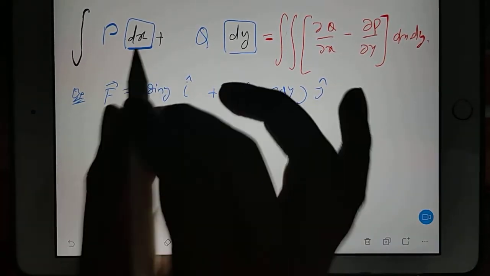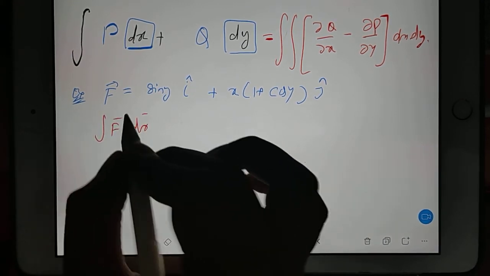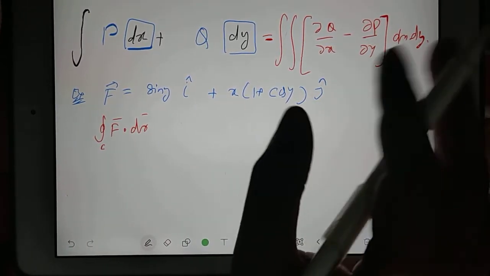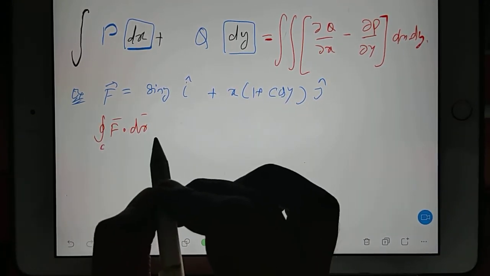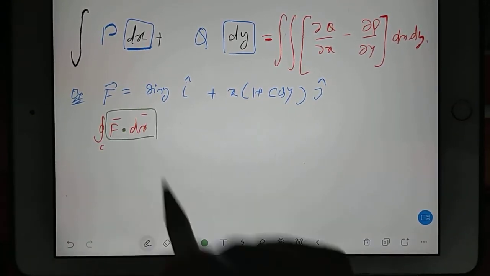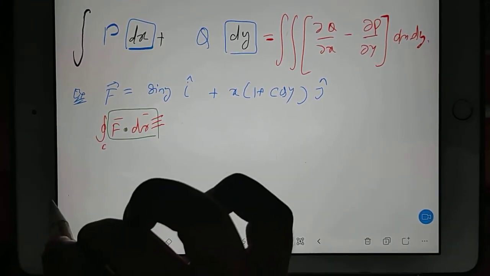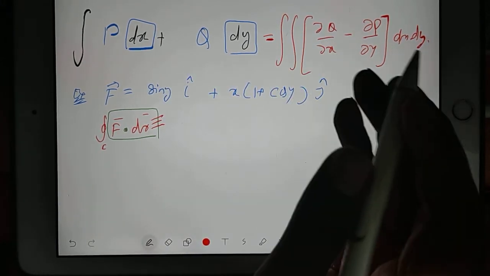Now they are asking us to calculate F·dr, the cyclic integral. If you want to calculate F·dr, one thing should be very clear: how will you do the dot product? Students should not be confused here. They will not give you the dr value, because the dr value is by default. What is the dr value? dx i plus dy j plus dz k.